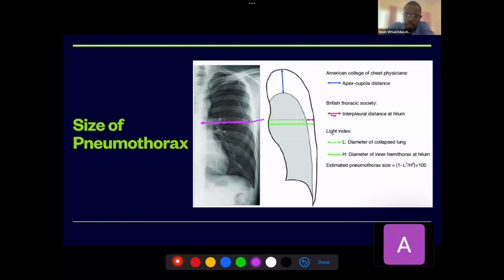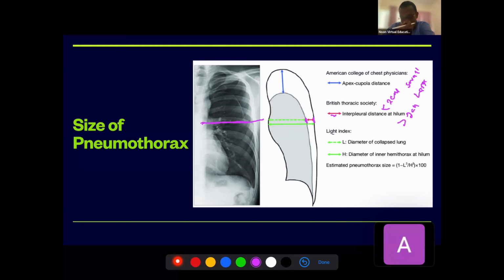Then here, the chest wall margin, pleural line. Then you will check. The BTS uses 2 centimeters. If it is less than 2 centimeters, this is a small pneumothorax. If it is more than 2 centimeters, this is a large pneumothorax.